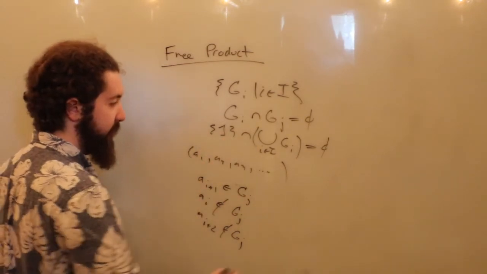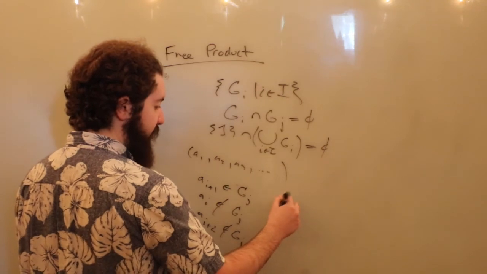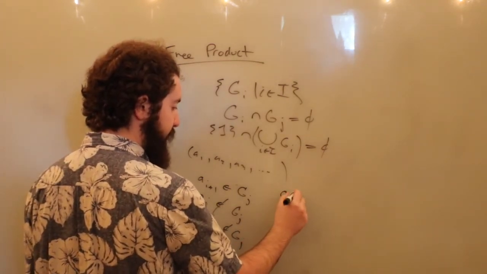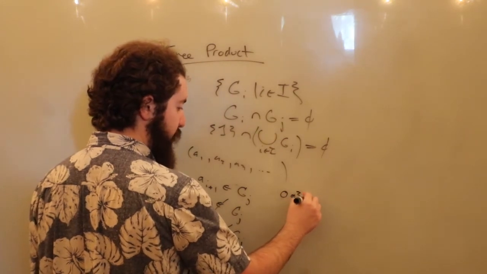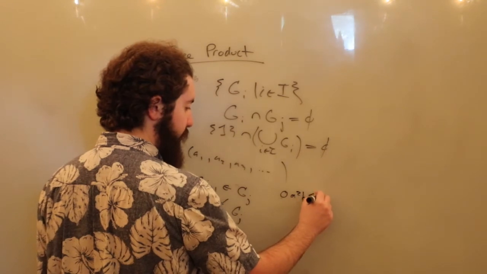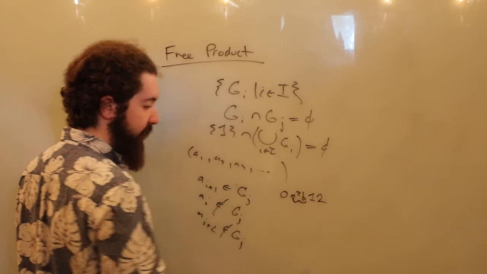Say you had the Z2 cross Z2 example again. Suppose we had 0, A squared, B, 1, 1. What we're going to do is reduce this down to one element.